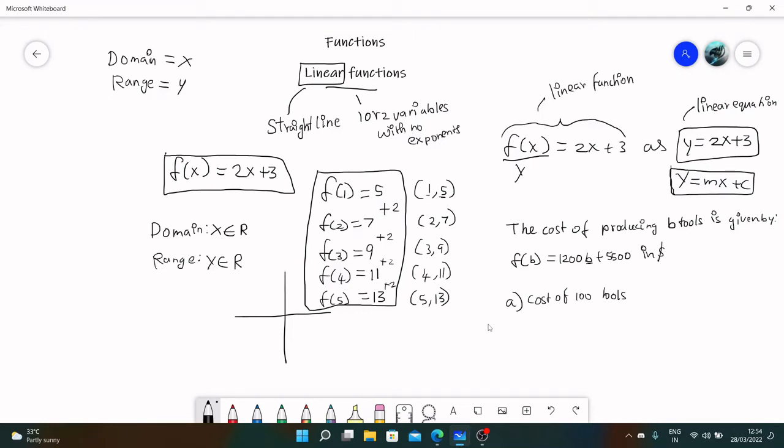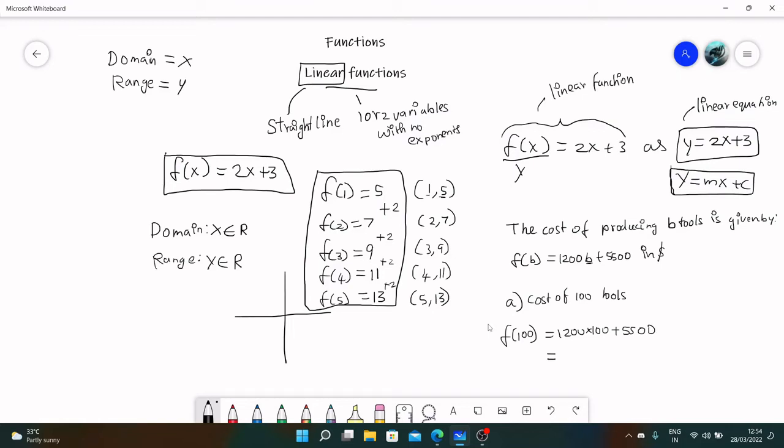Our b is the number of tools, so if you want to find f of 100, you would do 1200 into 100 plus 5500.